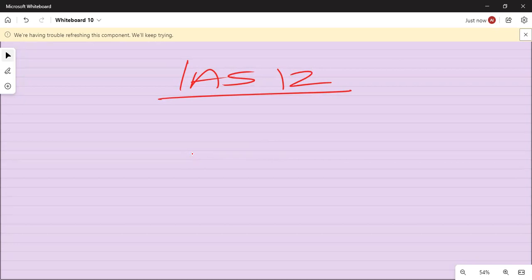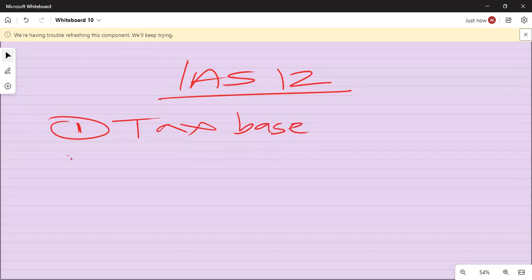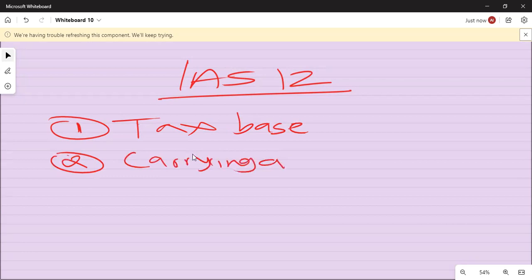Let me just give you some key terms relating to this particular standard. There's what we call tax base. There's what we call carrying amount.